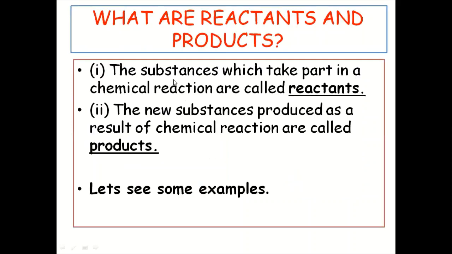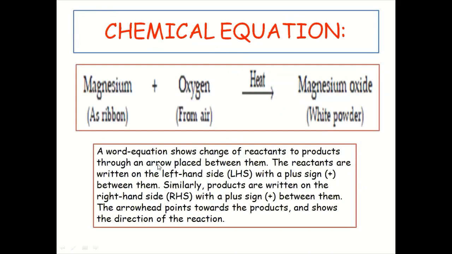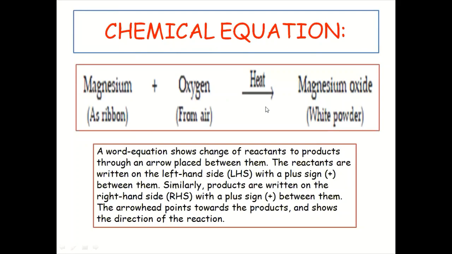Those substances which take part in chemical reactions are called reactants, and the new substance that is produced as the result of a chemical reaction is the product. Here, what is the product? The magnesium oxide, which has been formed by the reaction of magnesium ribbon and air, is the product. So this is the chemical equation. Exactly that reaction which we have studied, we have written in the chemical equation form.